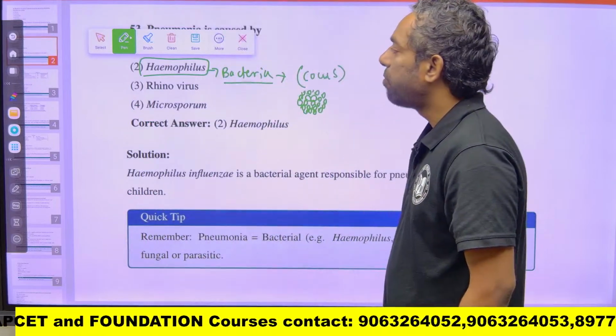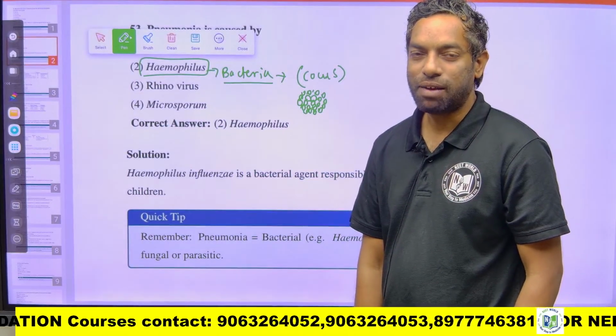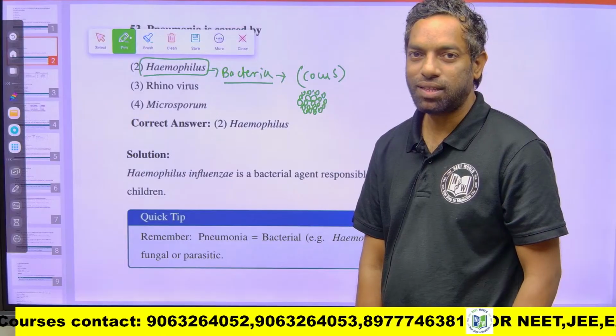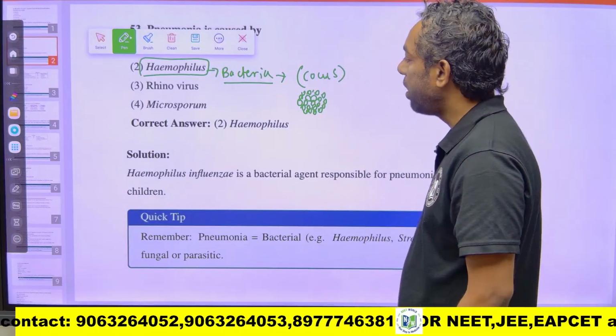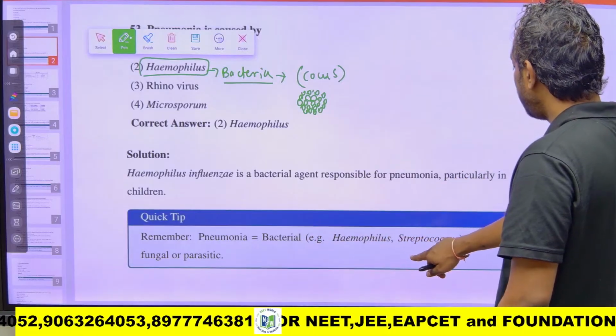Haemophilus influenzae is a coccus type bacteria, with a grapes-like structure, that can affect the children mostly. Pneumonia is the bacterial example, Haemophilus.